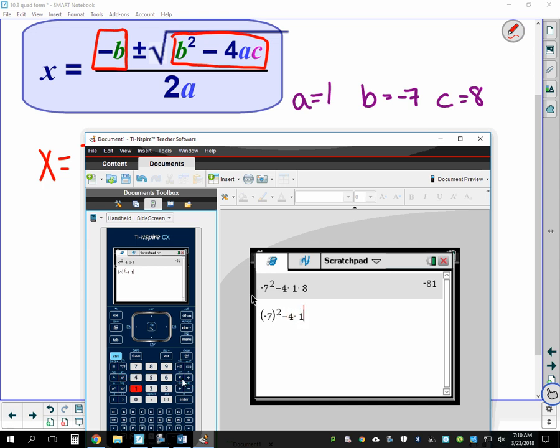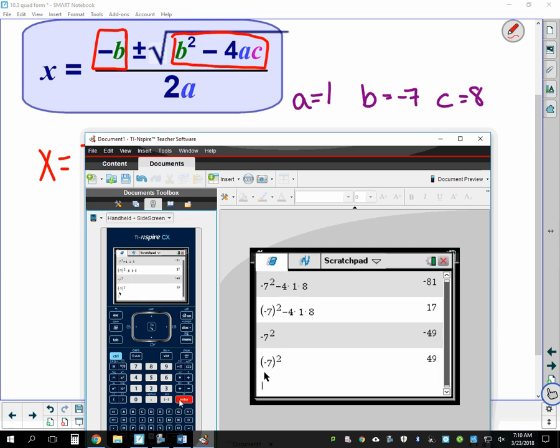Times 1 times 8. That is the right answer. Keep in mind that negative 7 put in this way is going to give you a different answer from negative 7 put in this way. The correct answer here is this one, because we want to square the negative and the 7, which is going to turn it positive.